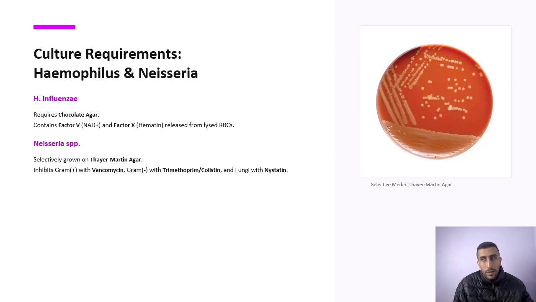There are some organisms that are fastidious, so they need some support, for example Haemophilus influenzae. Haemophilus influenzae requires chocolate agar, which is made after we lyse the red blood cells. The lysed blood cells provide supportive nutrients such as factor V, which is NAD+, and factor X, which is hematin.